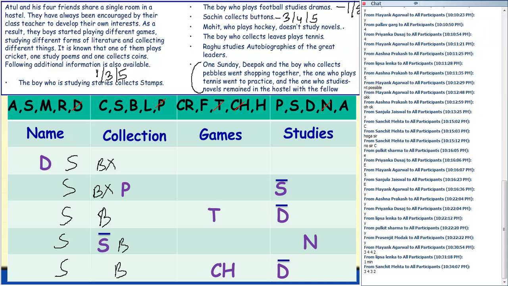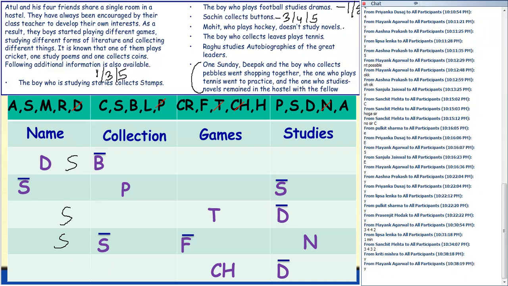These are the possibilities for Sachin and button. All right. So is that clear to all of you? Can I move ahead if it is clear to all of you till this stage? Whatever I have drawn so far. Please give me. Okay, great.